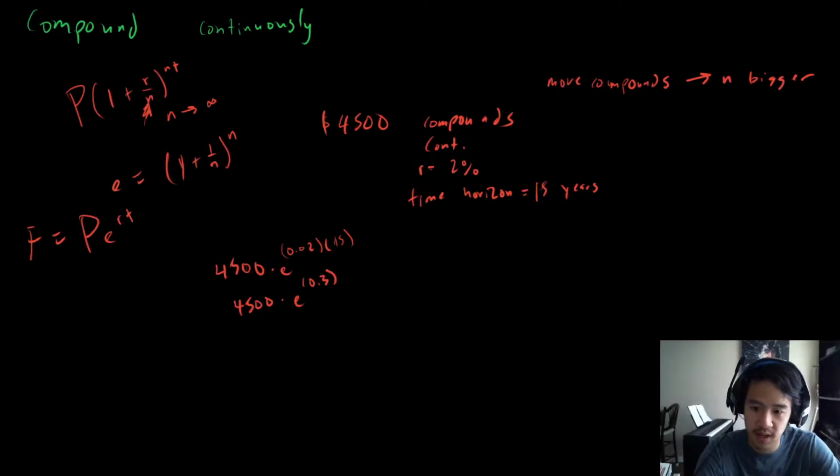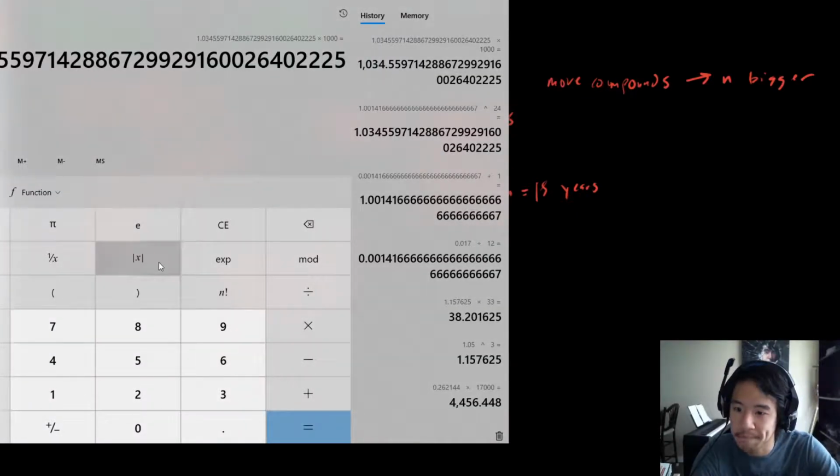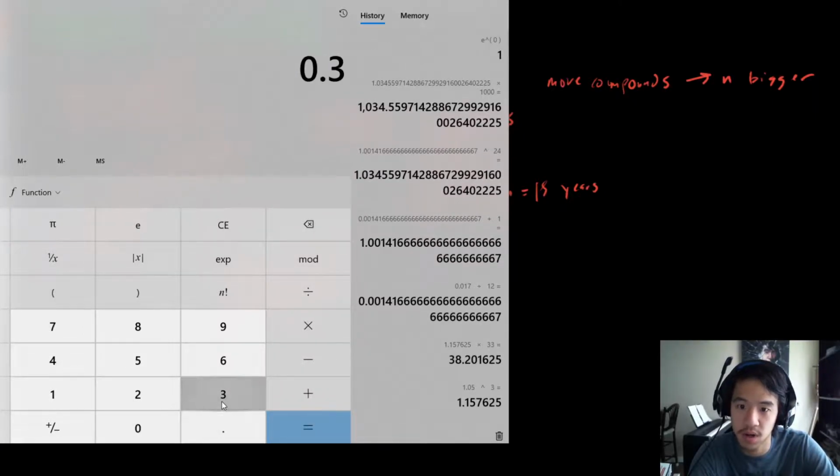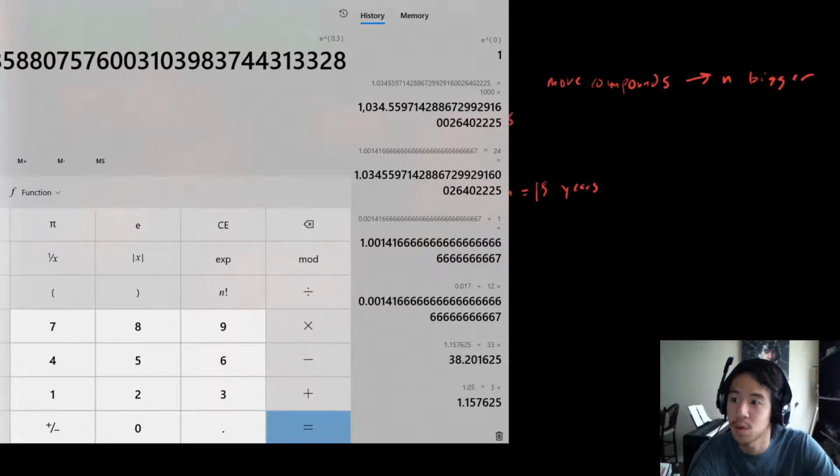All right, so here's my calculator. I think we should have an E to the X. There we go. So let's go ahead and clear all this stuff. So you have 0.3 and then say E to the X. It's going to be about 1.35.